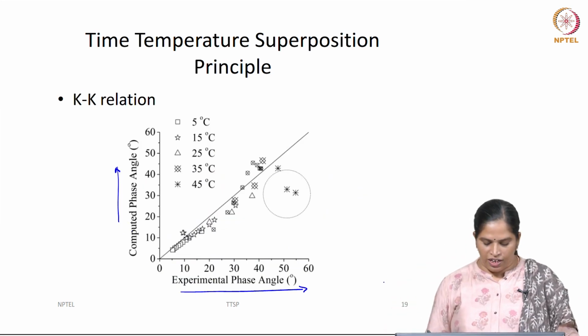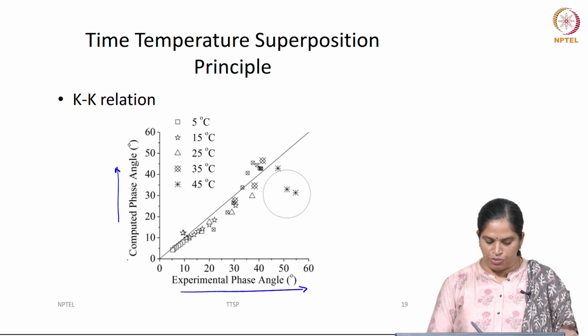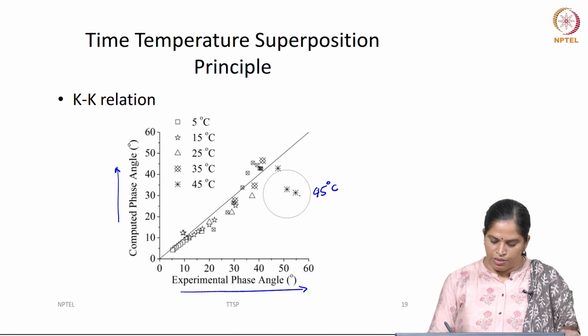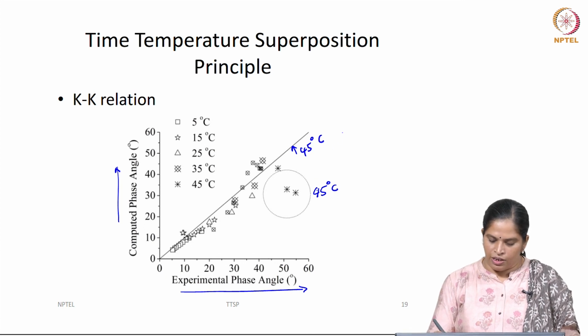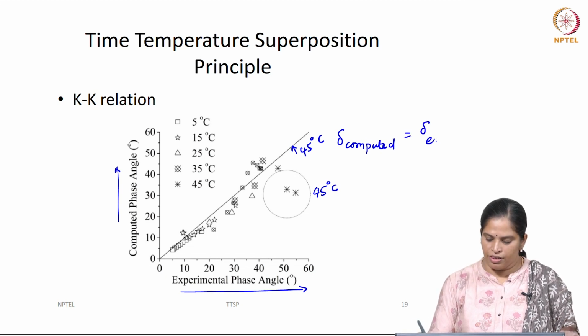Now if you compare the computed phase angle and the experimental phase angle, you can see that at higher temperature, maybe around 45 degrees Celsius, there is a discrepancy from the 45 degree line. This line is 45 degree. Along this line, the computed value is equal to the experimental value.